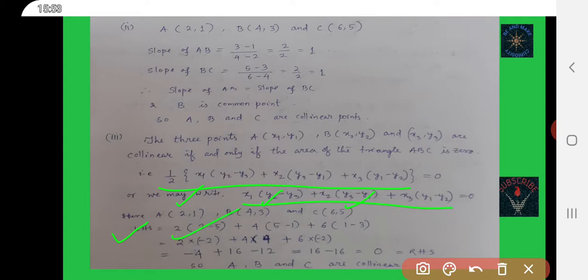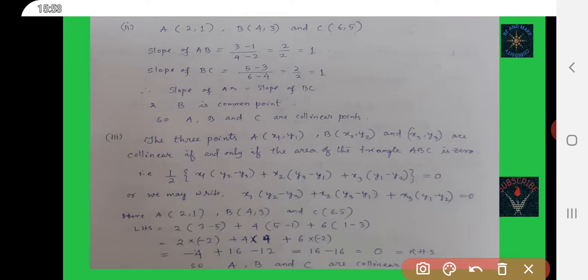First one completed. Second, then x2, so this is 4, then 5 minus 1, that is y3 minus y1, plus x3, that is 6, then y1 minus y2, so here 1 minus 3.